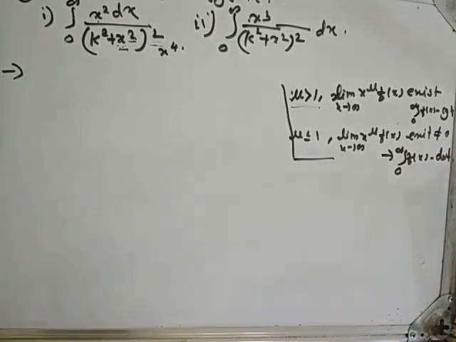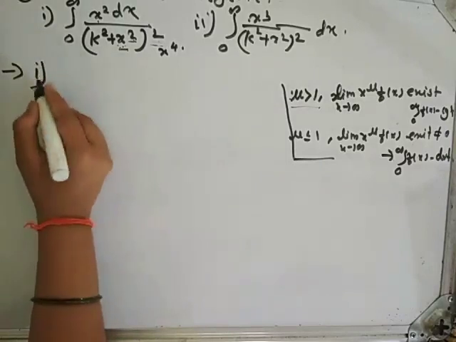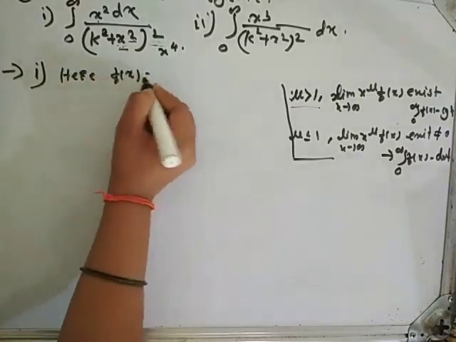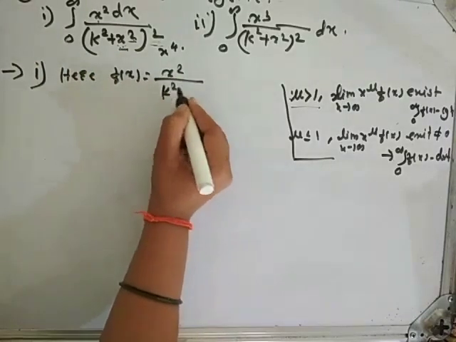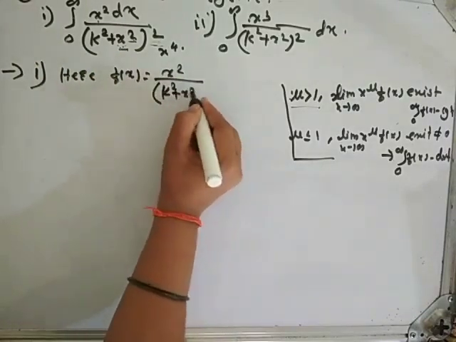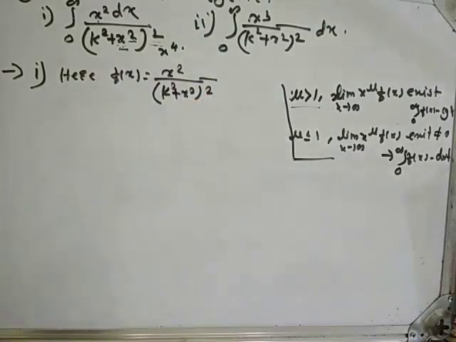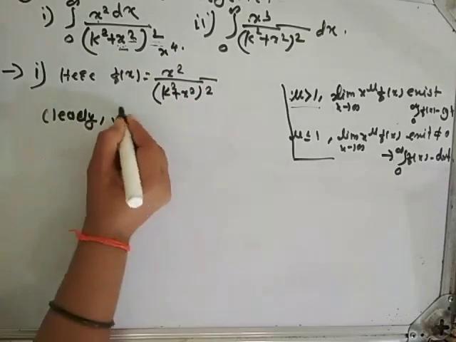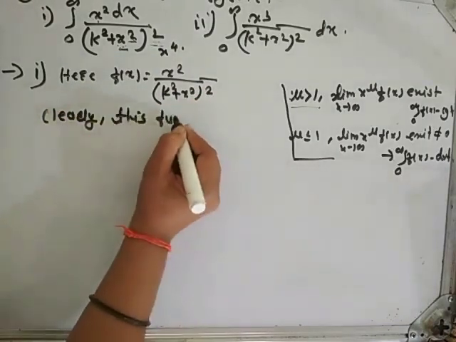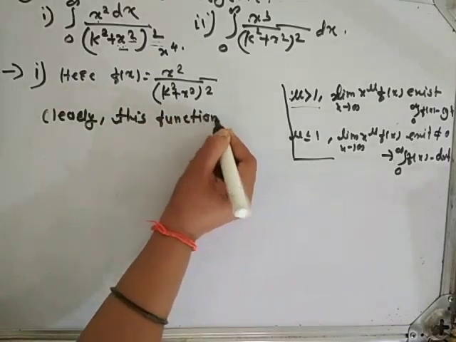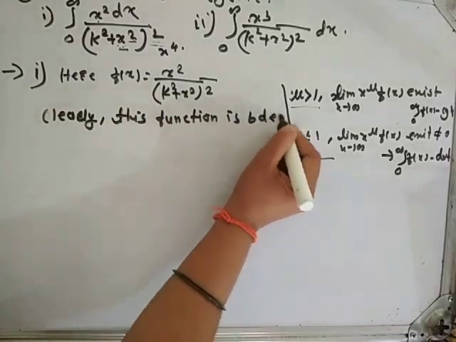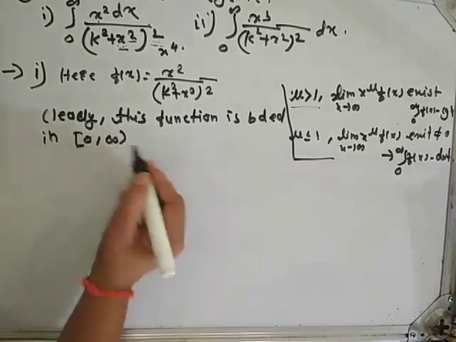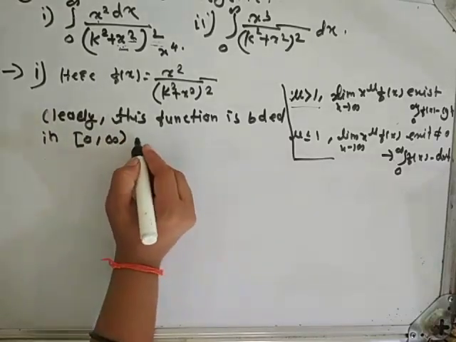So see the solution. First we see here f of x is equal to x square upon (k square plus x square) whole square. Clearly this function is bounded in the interval closed at 0 and open at infinity.